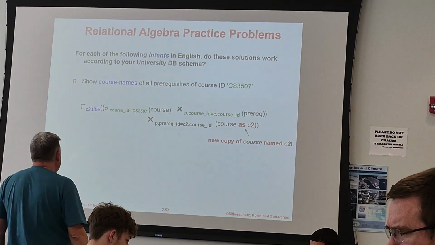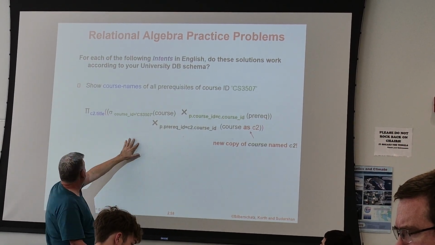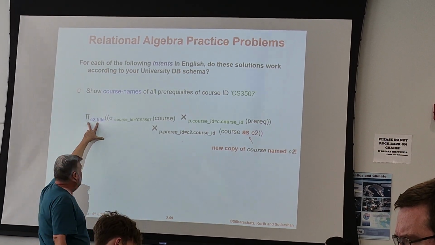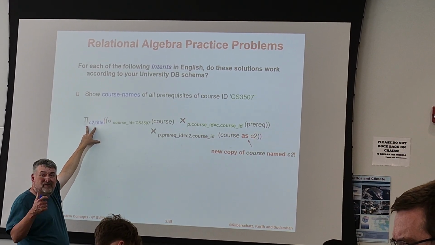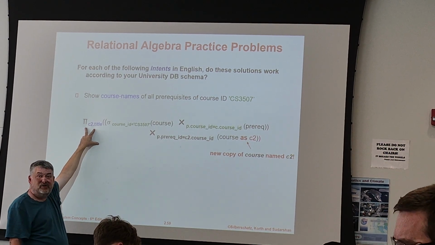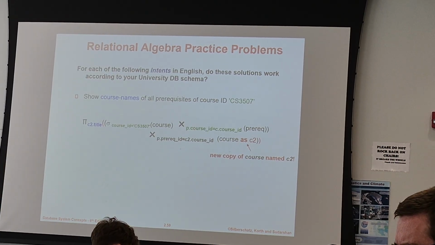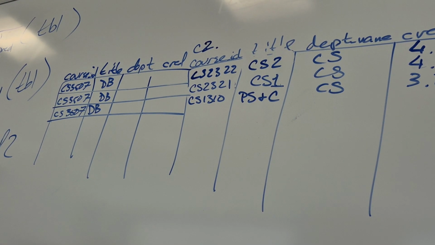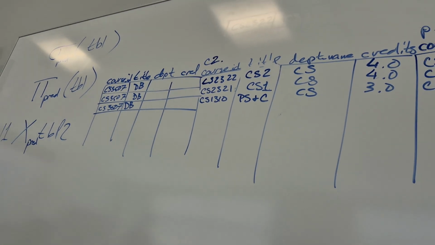What I'm saying is, this statement returns the same information as the prior statement, especially after I add the projection operator on it that says, only show me the title column from the C2 table that got joined in, and that is going to show me, according to my whiteboard now that it's updated, CS2 and CS1 and problem solving and computation, right? The C2.title column.